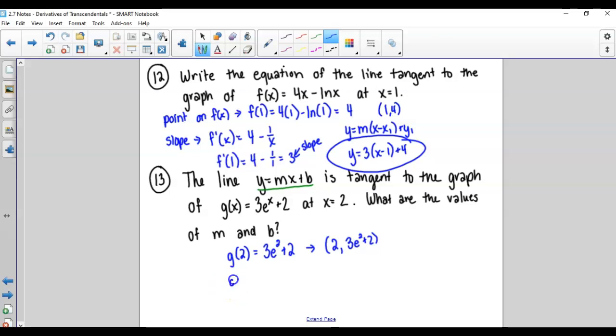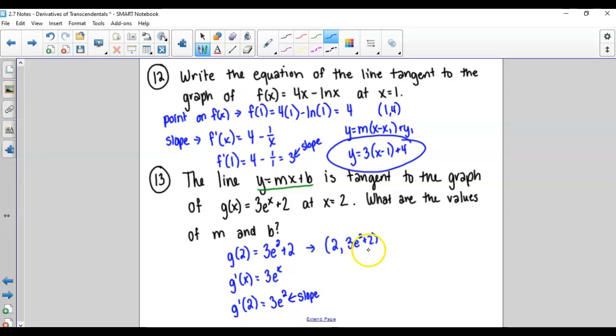And then for our derivative, we would have g prime of x, which would give us 3e to the x, because the derivative of 3e to the x is 3e to the x. And the derivative of 2 is 0, so it's just going to go away here. So when we find g prime of 2, the slope here, we're going to have 3e squared. That's our slope.